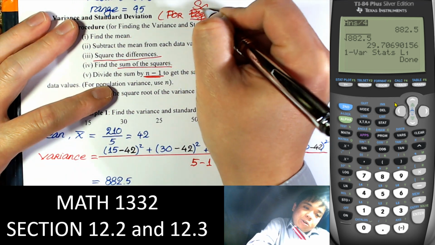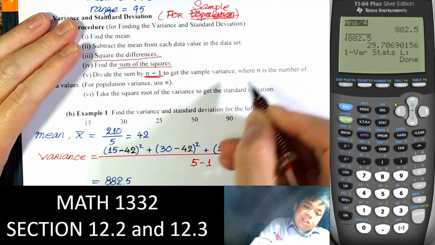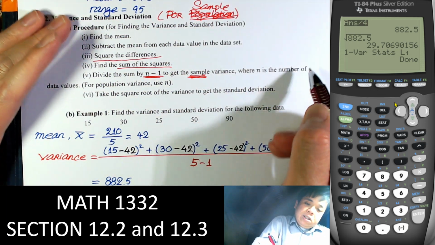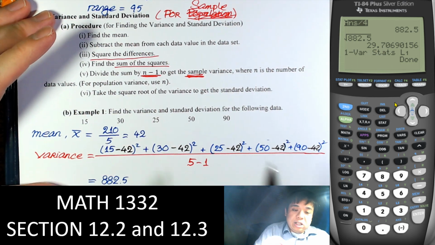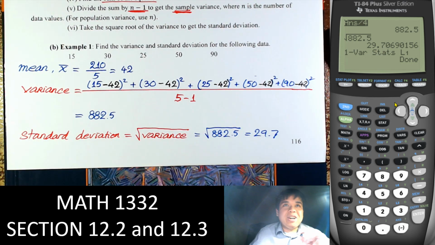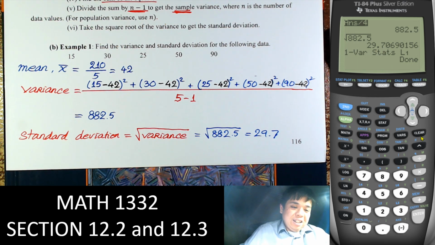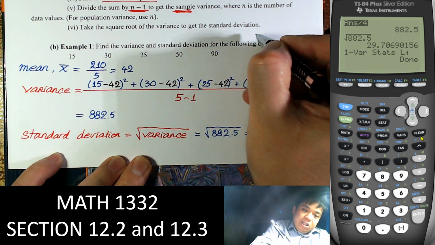This is for the sample. I wrote the wrong thing. We say sample variance. For population variance, that will be n. For the sample, we use n minus 1. Sorry, and this is called the sample.